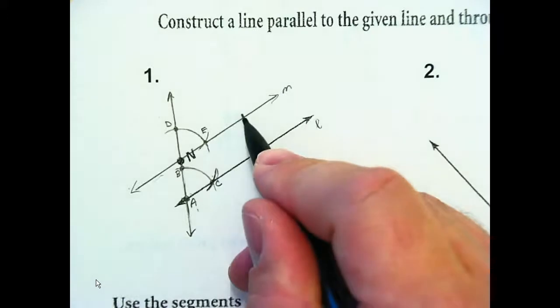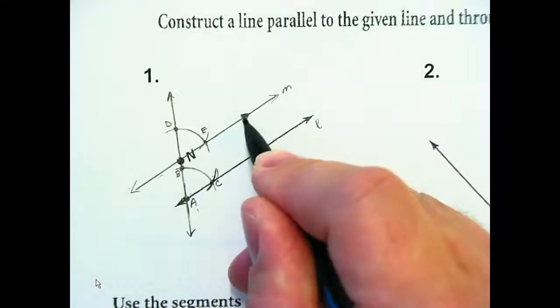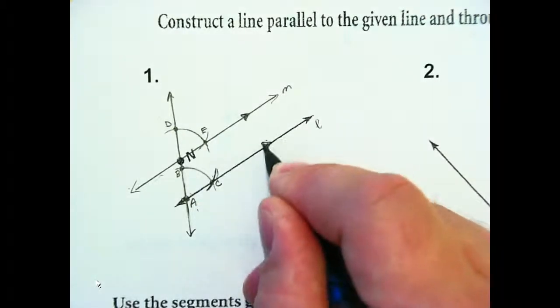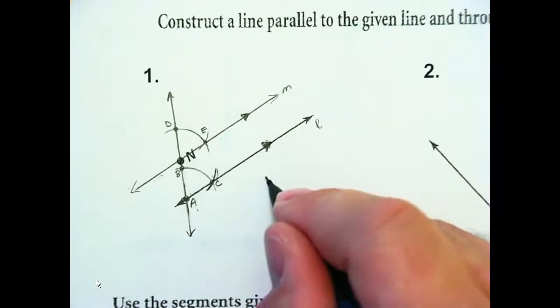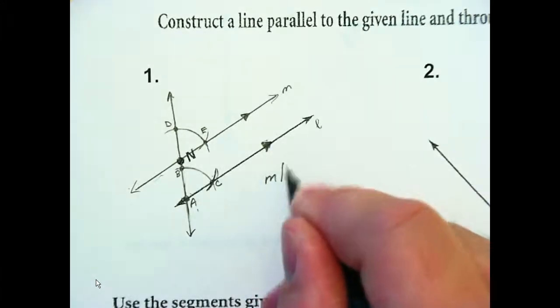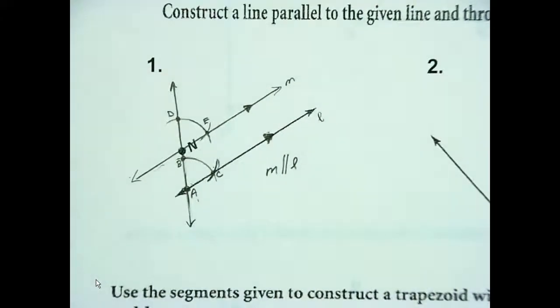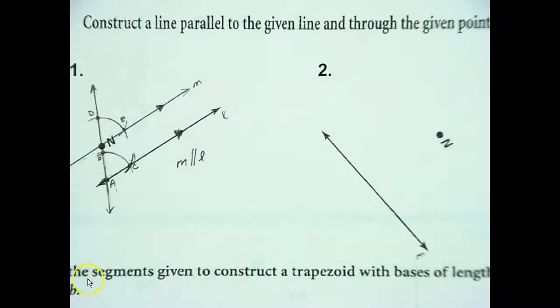But if I want to show that these are parallel, we should also put the appropriate markings on there. Okay. So line M is parallel to L. All right. I want you to go ahead and try number 2 on your own there.